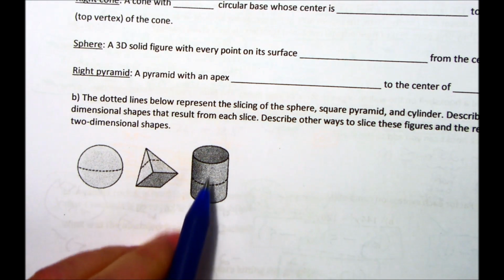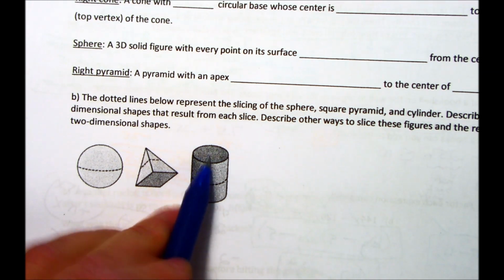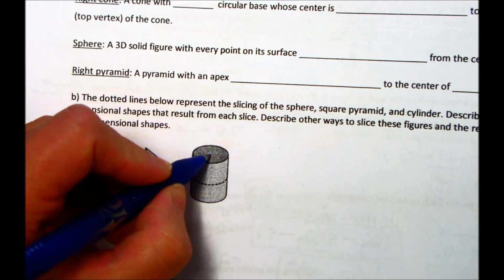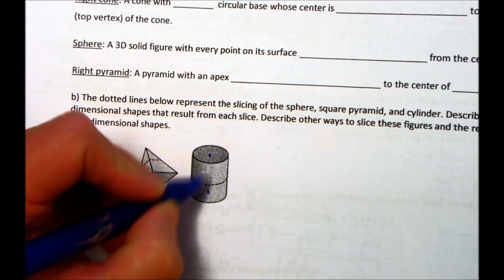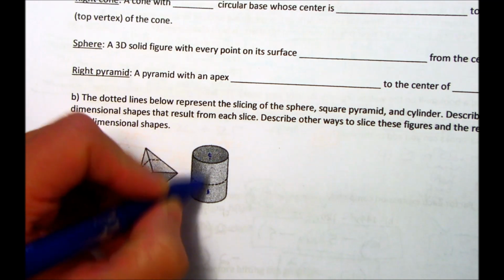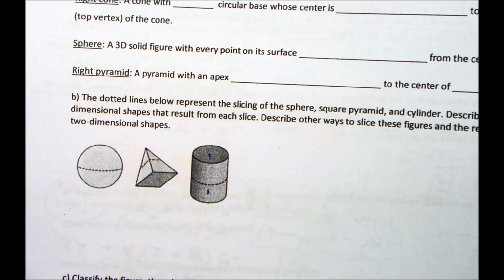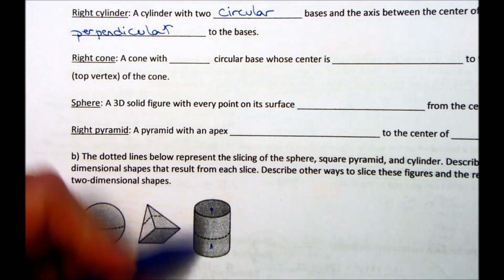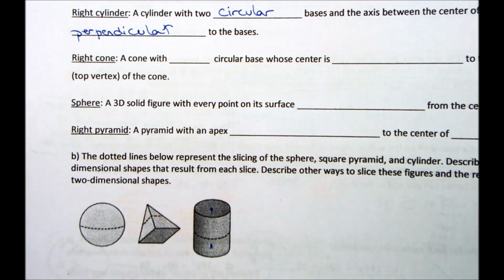Looking at this cylinder here, if I were to put an axis between the center of each of the circles on the top and the bottom, it would be perpendicular to both of the circles, which are your bases.